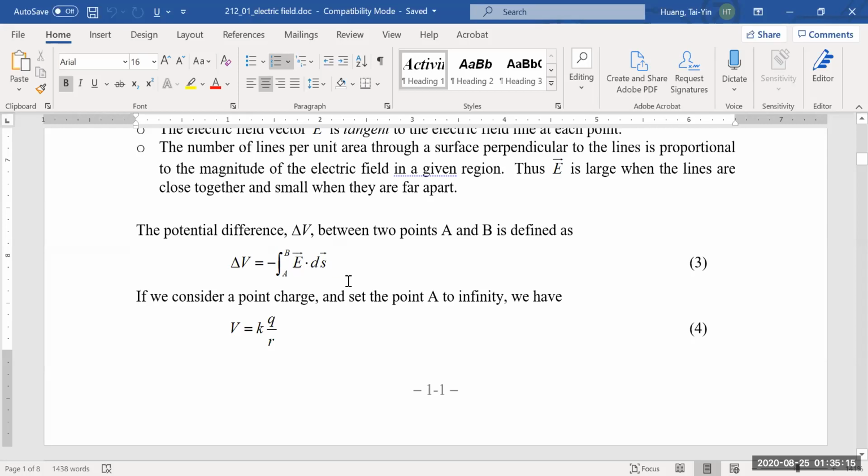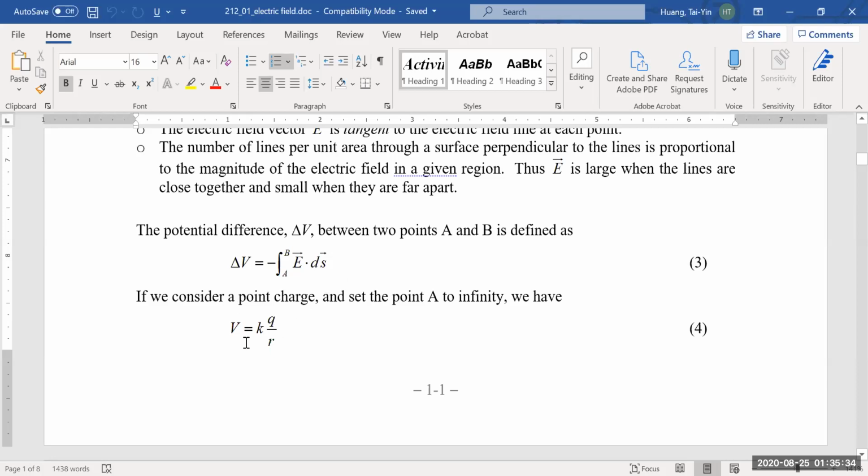So when you figure out the potential difference between point A and point B, it can actually be evaluated to be this after you evaluate equation 3 for a point charge.